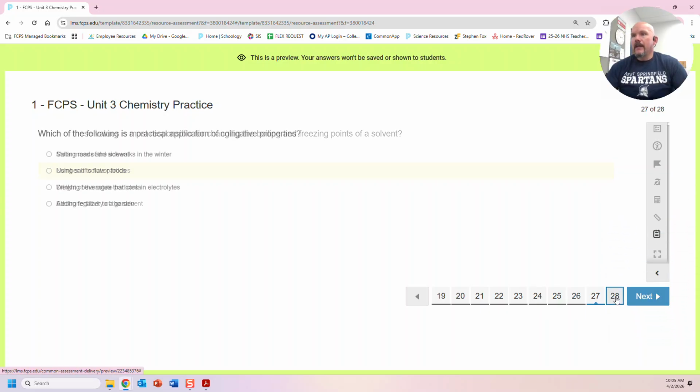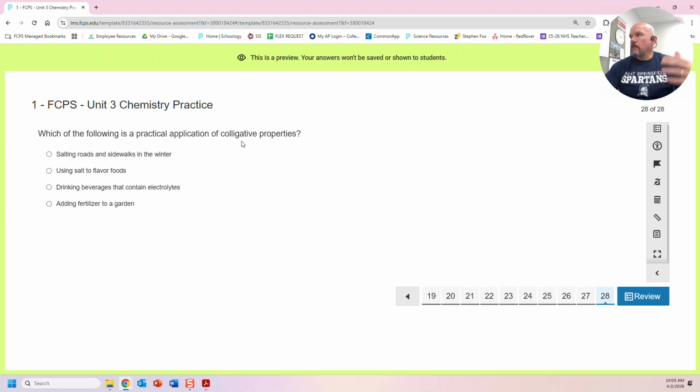All right. And the next one, which of the following is a practical application of colligative properties? So remember, the colligative properties, the ones that we focus on the most, are that the boiling point increases and the freezing point decreases with the number of solute particles. But remember, if those particles are ions, now the solution can conduct electricity.